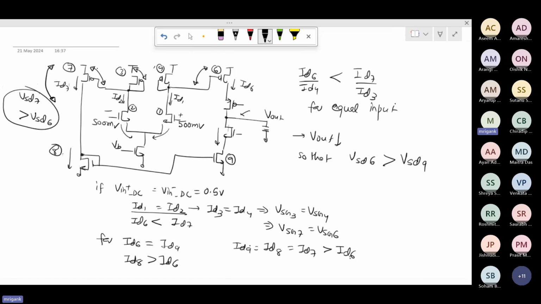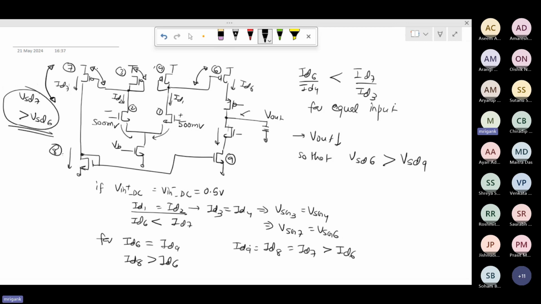Why is ID7 bigger than ID6? Because of the VSD effect, the channel length modulation effect. The overall VSD available for M6 is much lower as compared to the VSD of M7.